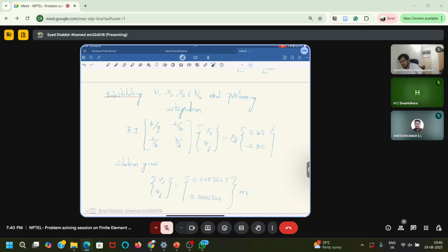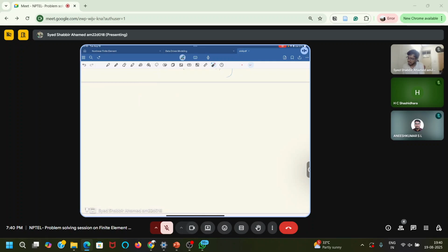If, let's say, the beam was divided into two elements like this, we would take element one, and let's say this is V1, V2, V2.